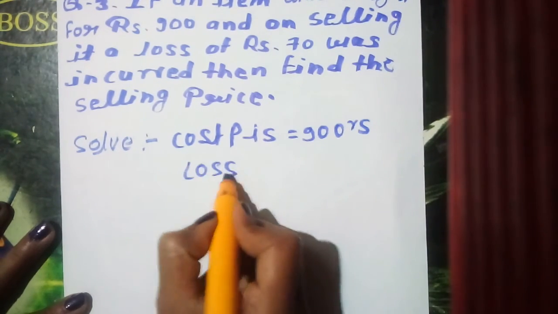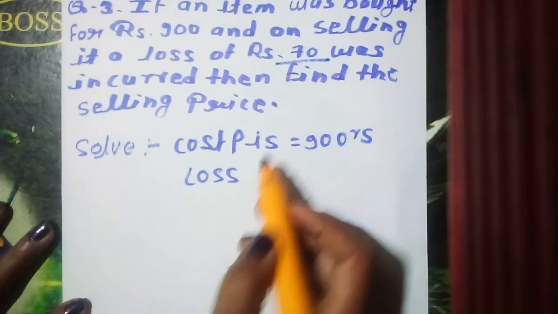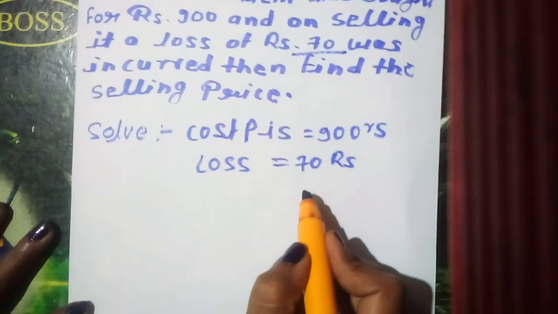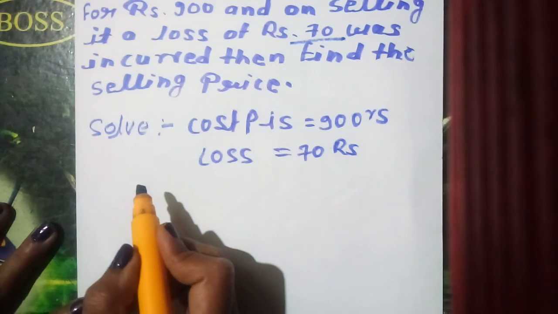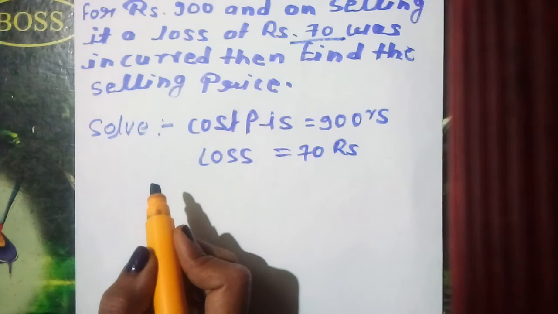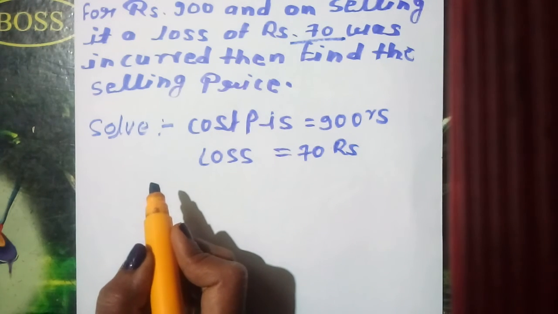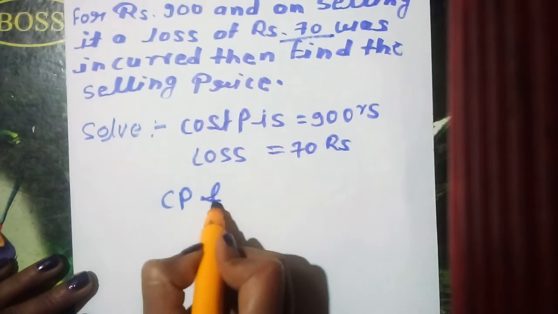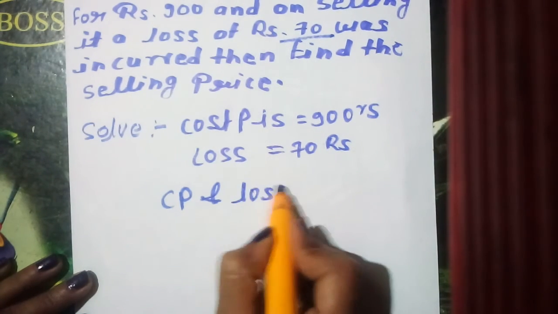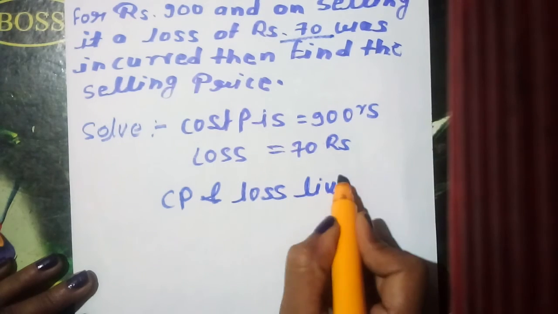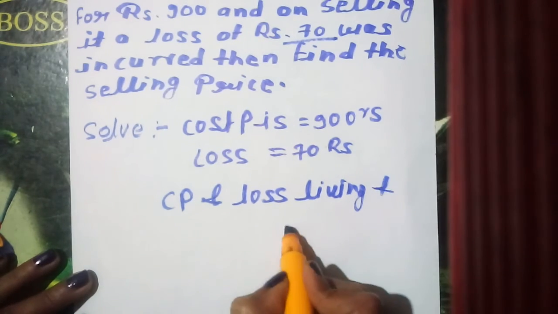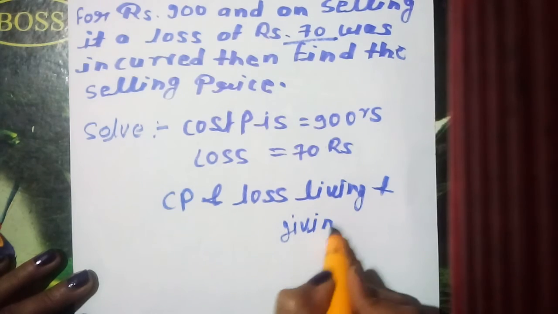The loss is 70 rupees. So we have to find the selling price. CP and loss are given.